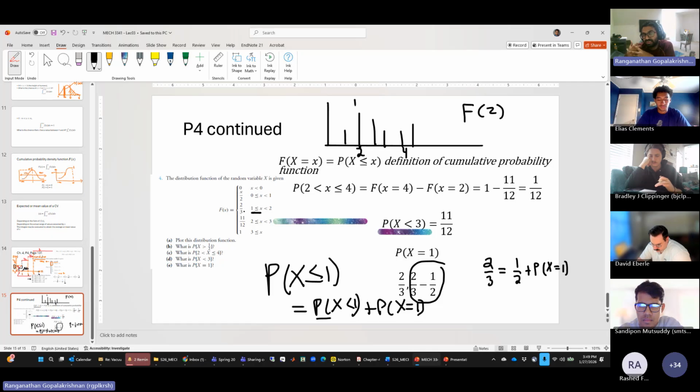That's how I see it. So if I don't do that, there is no other way to calculate what is probability of x less than 1. How would you calculate it without substituting the value 1 itself here?